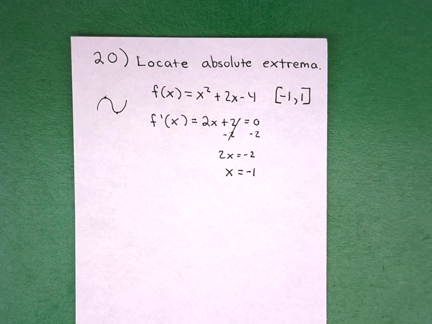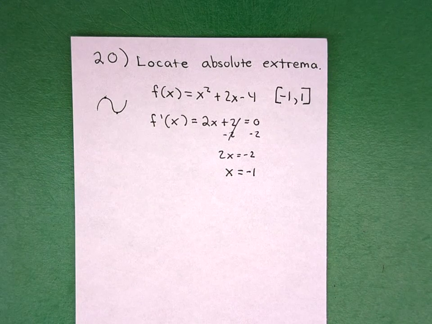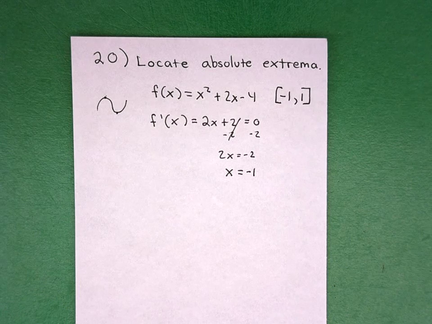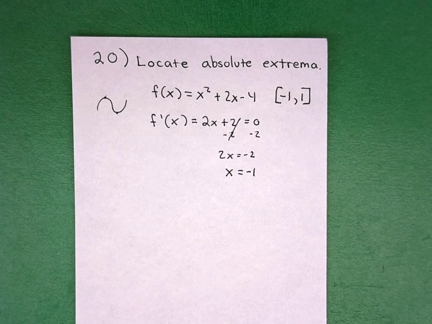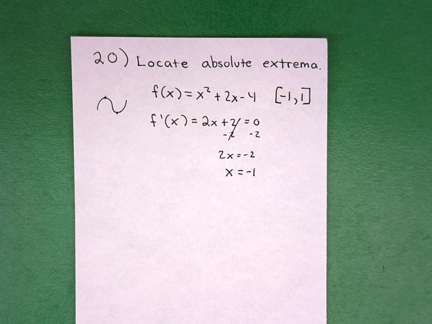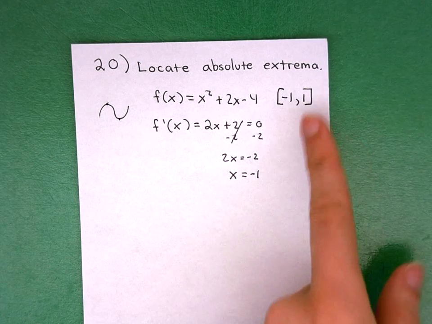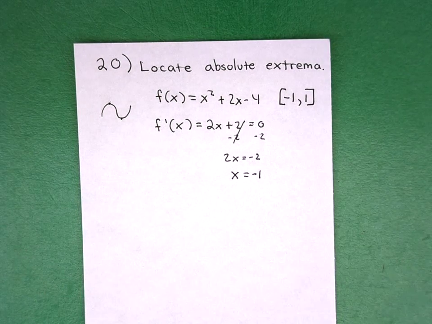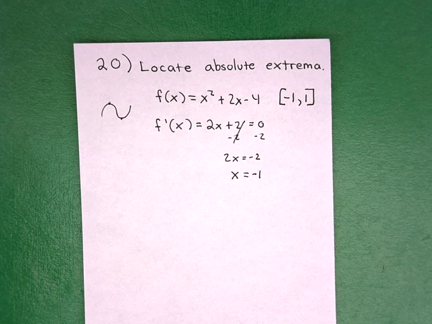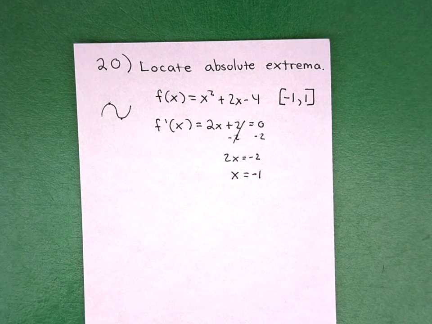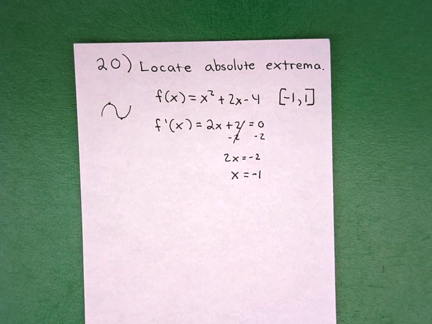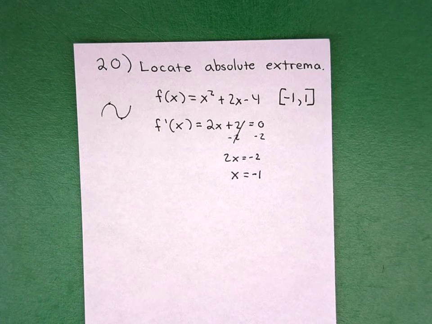And so that's my critical number, and in this particular problem, my critical number happens to also be an endpoint. That's not necessarily always going to be true, but it could be. If my critical number is outside my interval, say I had gotten 6, well 6 is outside my interval, so I wouldn't consider it within the context of this problem, because it's not within the interval that I'm concerned with. Okay, but negative 1's an endpoint, so we're going to go ahead and count it.